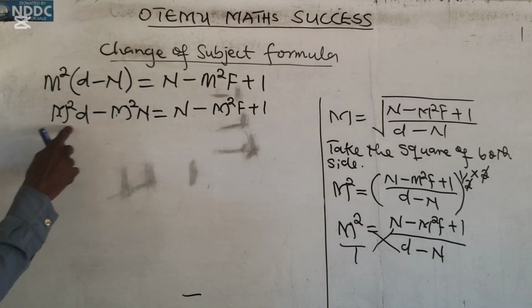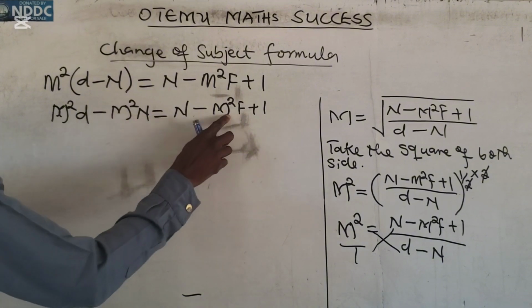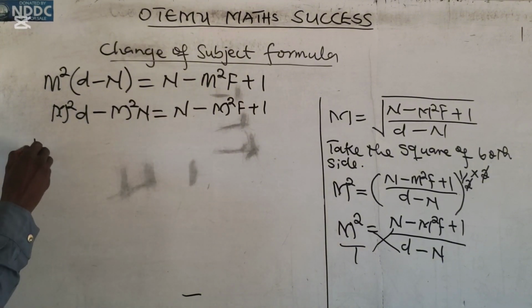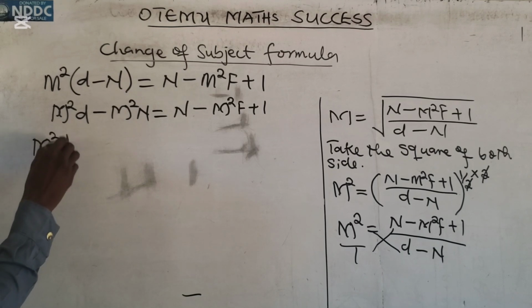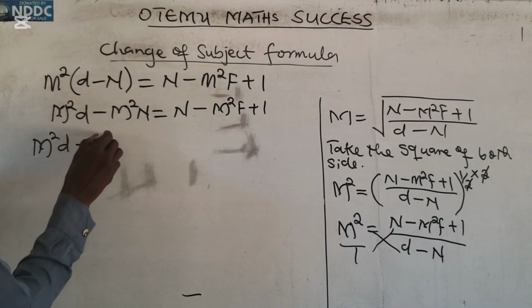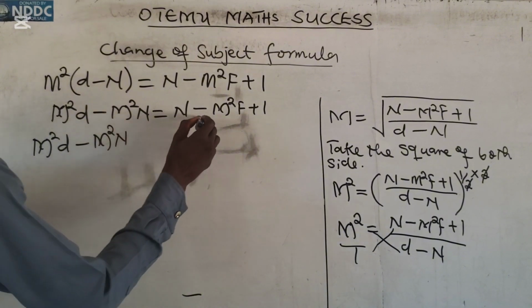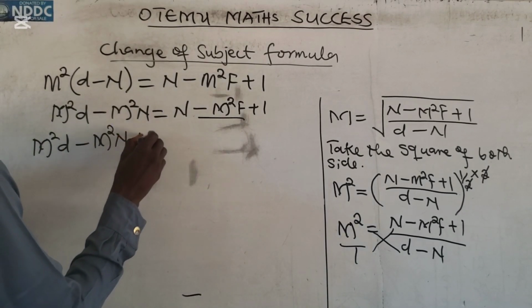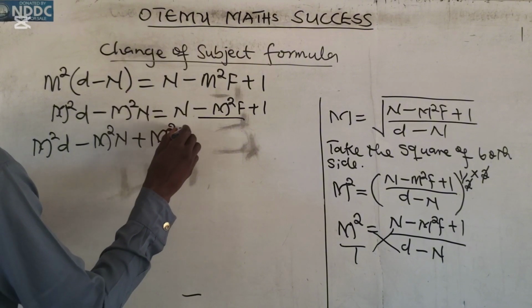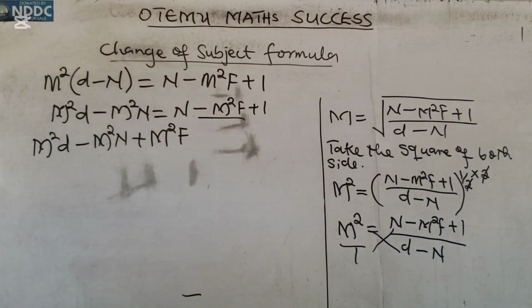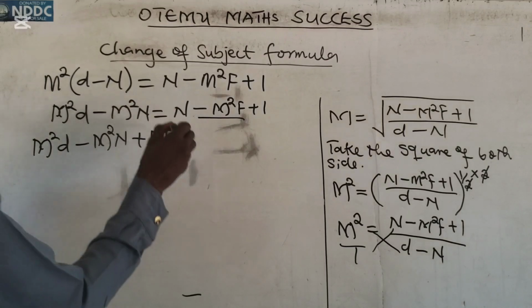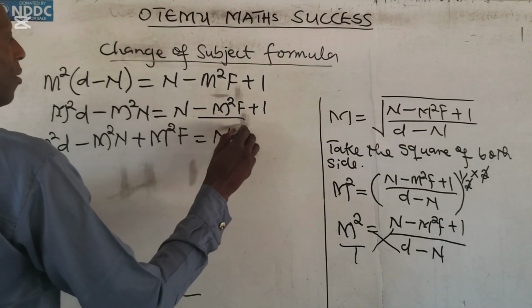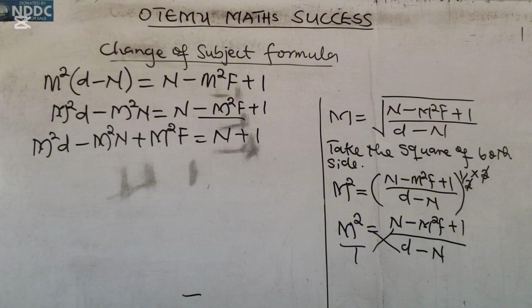We collect all the alphabet of M to one side, which is now M square D minus M square N. This is now minus M square F. When it crosses the sign of equal to, it changes to plus M square F equals to N plus 1.